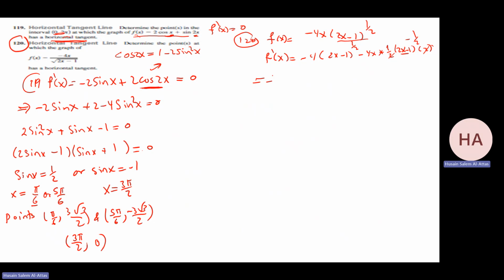Now we'll take minus 4, 2x minus 1 to the power minus half as a common factor. I'm getting here 2x minus 1.